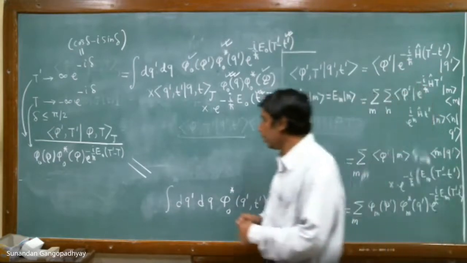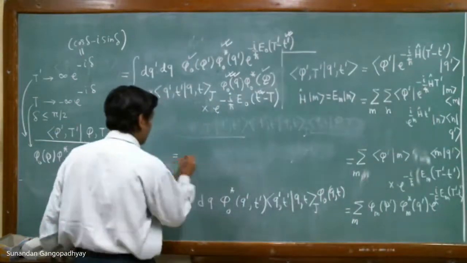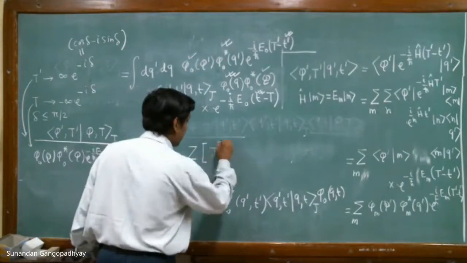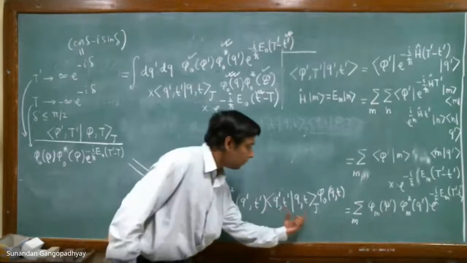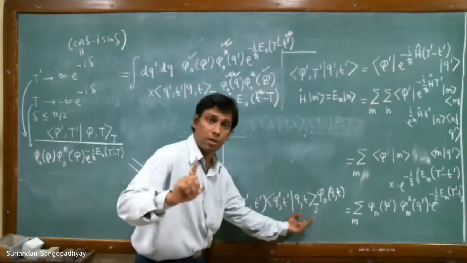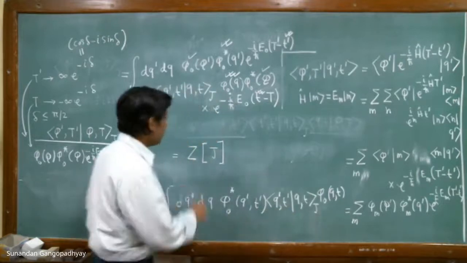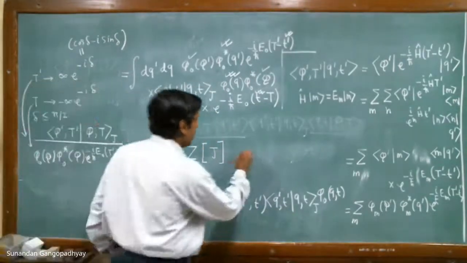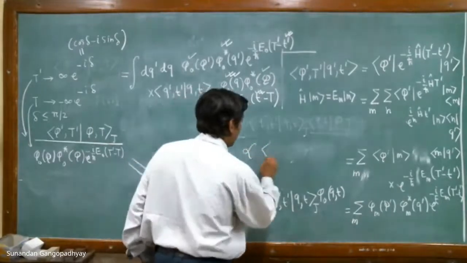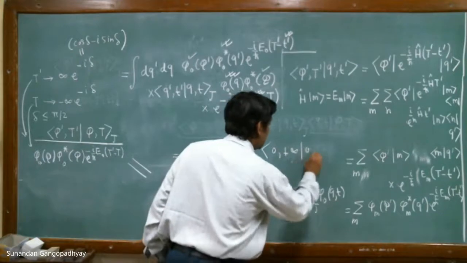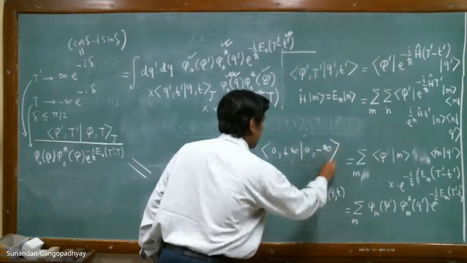and this we denote as something called Z. Ground state expectation value of this object, of this transition amplitude, in the presence of the external source. This is very important, and this we denote like this, Z of j. And you can say that this Z of j is something like this: 0 plus infinity, 0 minus infinity.